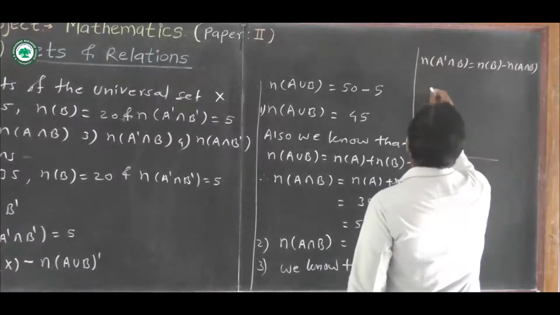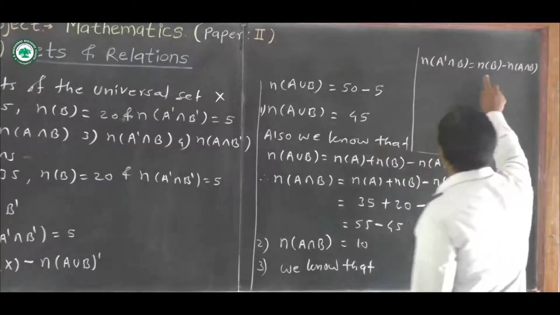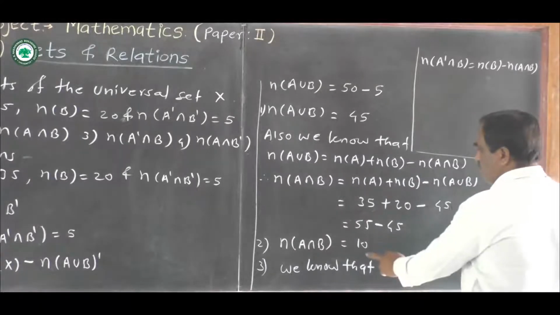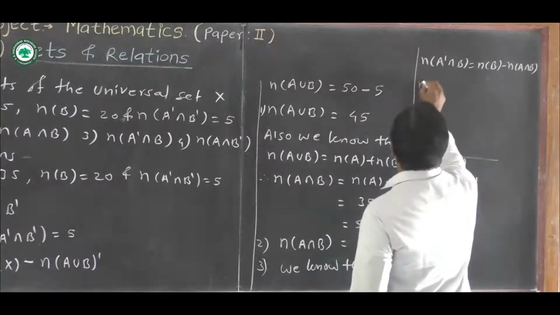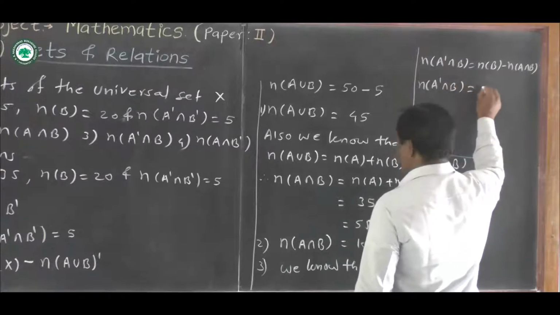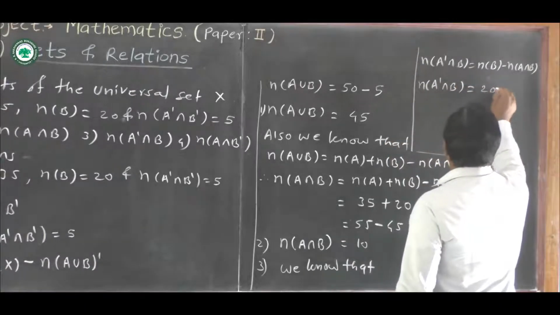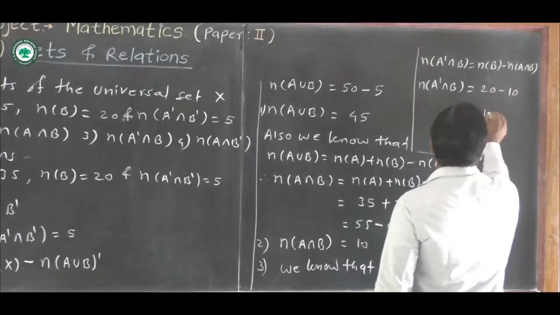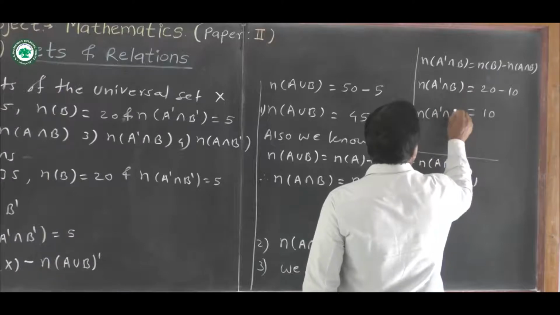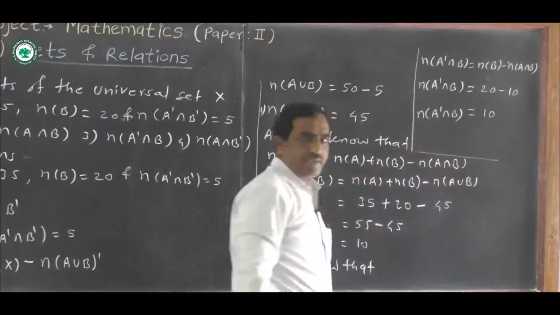Okay, now we have given the value n(B) as 20 and n(A intersection B) is equal to 10. Put these two values here. Therefore n(A' intersection B) is equal to 20 minus 10, which is equal to 10. That is, we get the value of n(A' intersection B) is equal to 10.